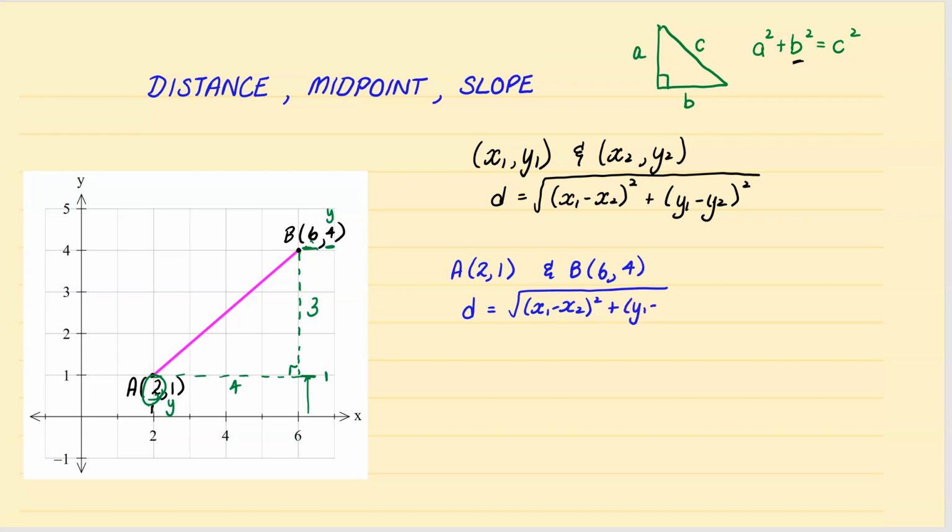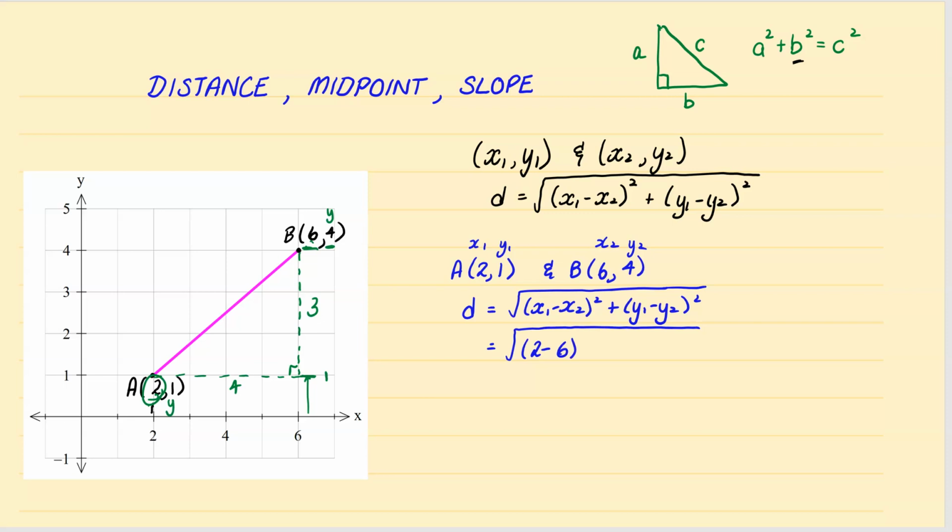So make sure we write that nice and neat. Okay, x1 take x2, y1 take y2. Some of you might be wondering what happens if you did it the other way around and called this x2 and x1. Well, you'll see in a minute, it's not going to make a difference.